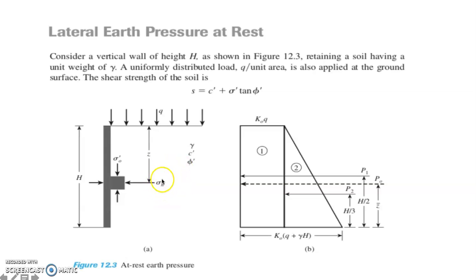Once you have computed the lateral earth pressure, you can draw your pressure diagram. This pressure diagram will be used to compute the total force acting on the retaining wall. That is one way to compute the total force, by having the resultant of the forces using the area of this pressure diagram.